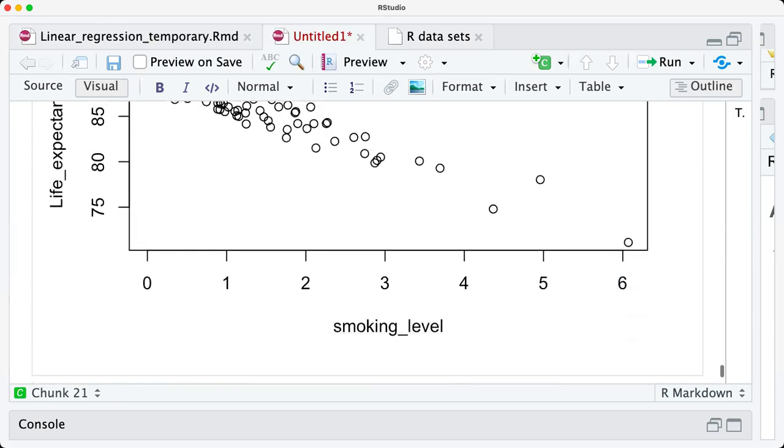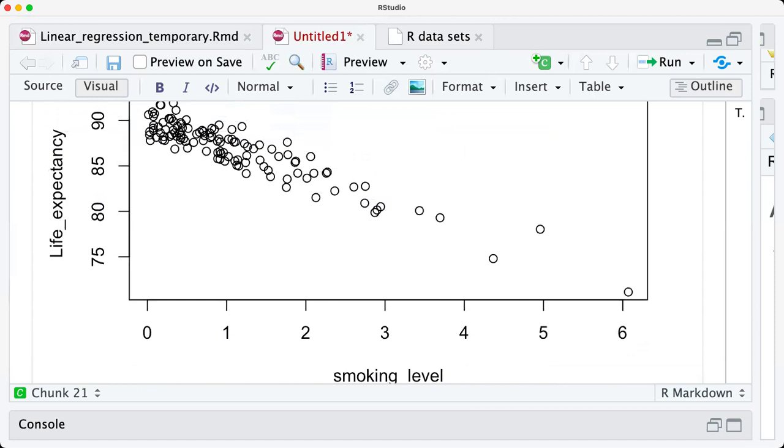You look at this data, you see there is a correlation, but correlation doesn't imply causation. So there can be an alternative explanation.